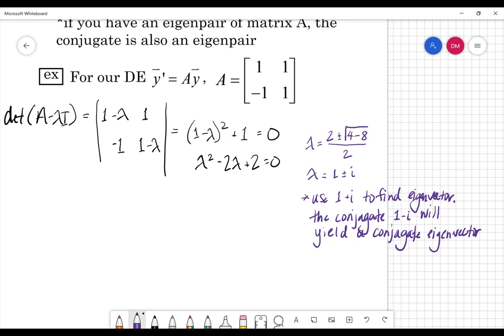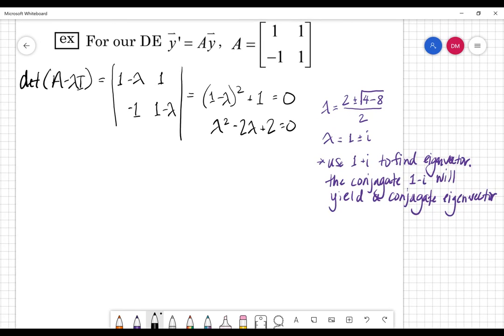All right, so that is good news for us. We're only doing half the work that we would have had to do before. So the process is going to be the same as we're used to. We're going to say our lambda sub 1 is equal to 1 plus i.